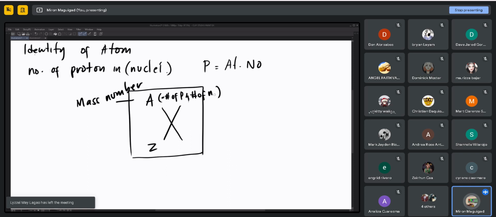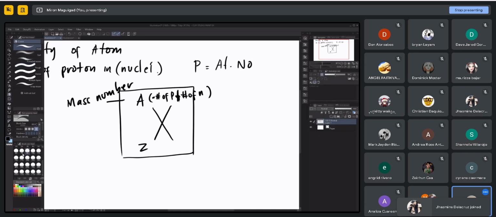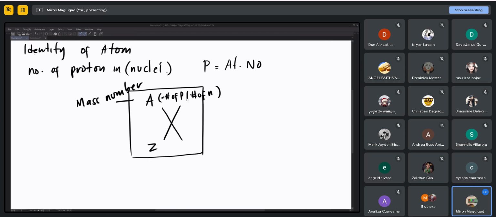So mass number is the sum. So the sum of proton and neutron is what we call the mass number.